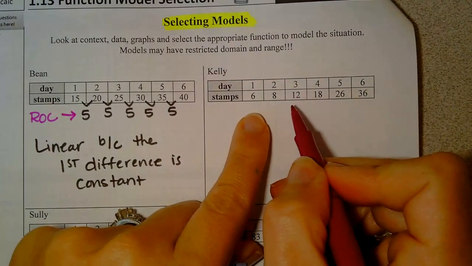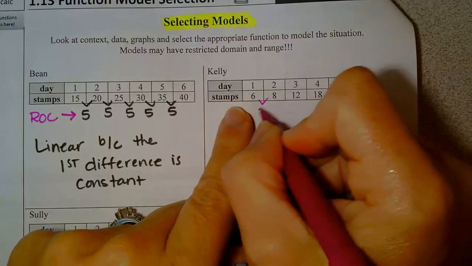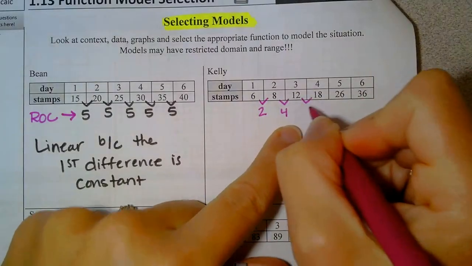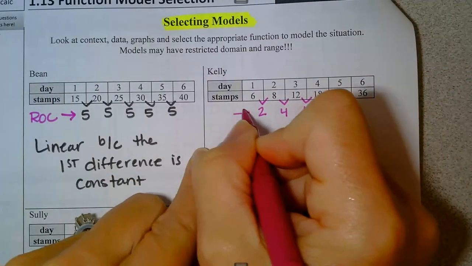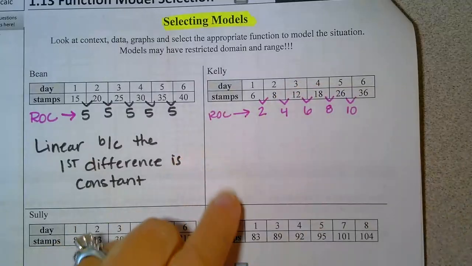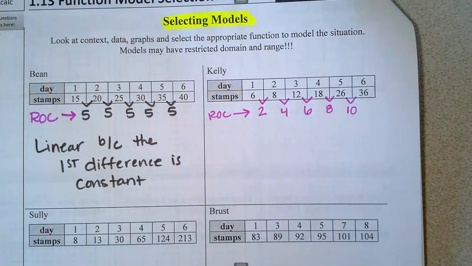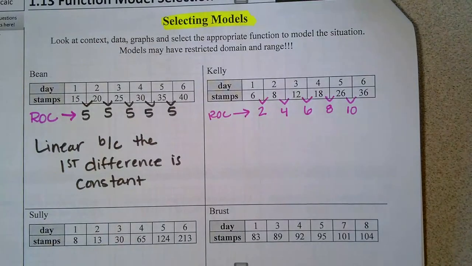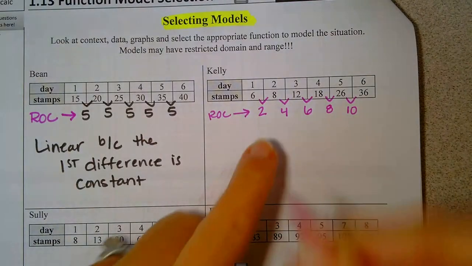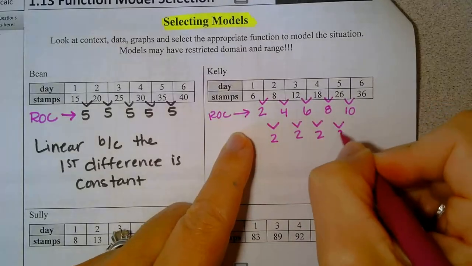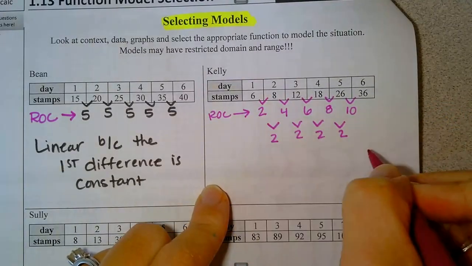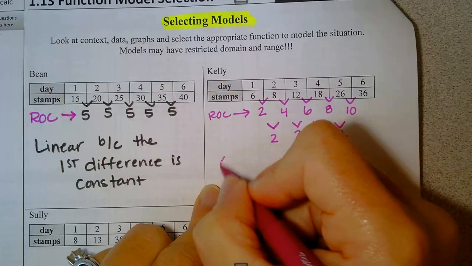This next one goes up by 2, then up by 4, then 6, then 8, then 10. This has a rate of change that is linear because it's up by 2 every single time: plus 2, plus 2, plus 2. And if I keep going, I have a constant second difference, which makes this what?